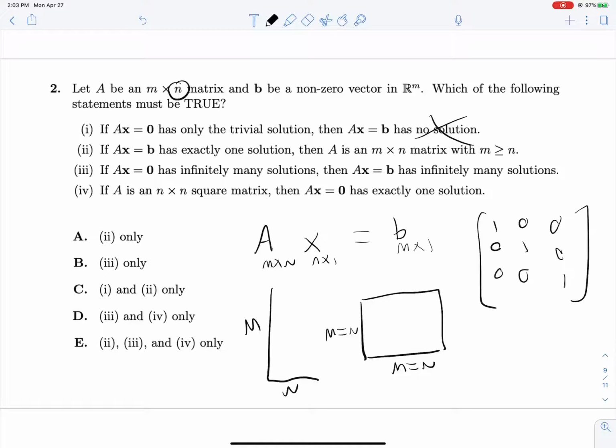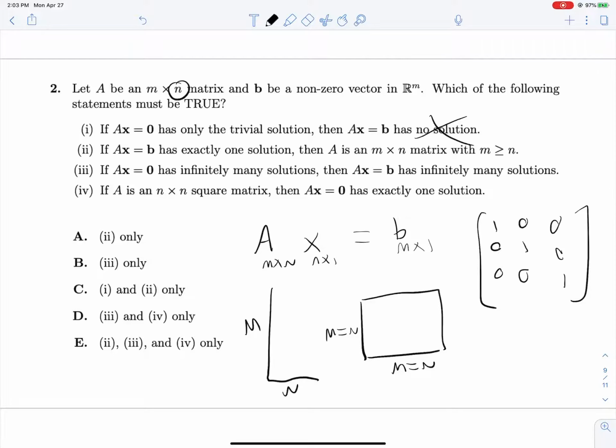We know that a square matrix, okay, sorry, if Ax equals B has exactly one solution, then A is an m by n matrix with m greater than or equal to n.